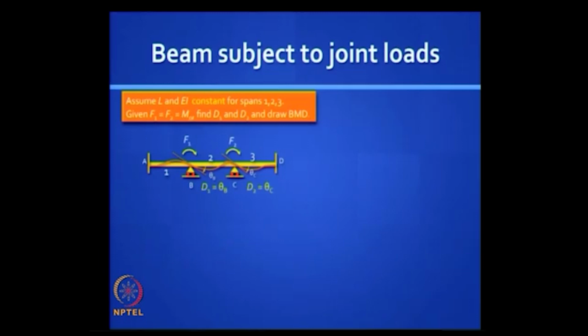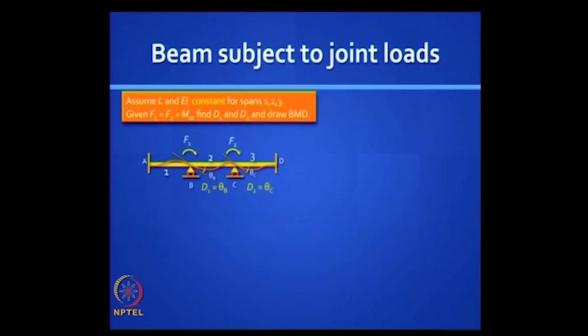Okay, so that's right. Now let's solve a problem from first principles. Let's take this beam and say it is subjected to F1 equal to F2 equal to M naught.